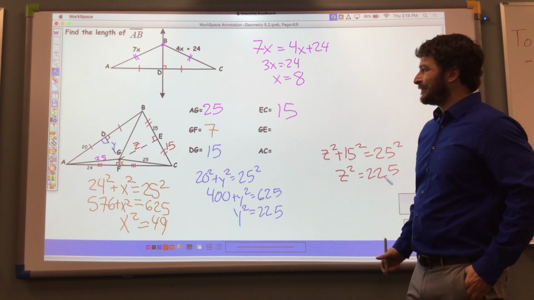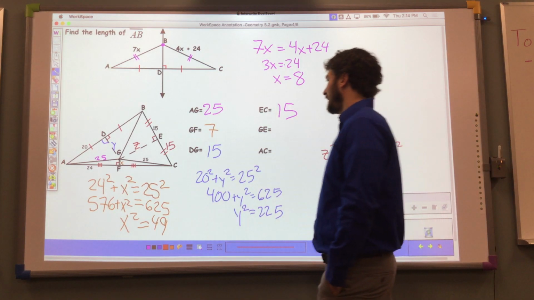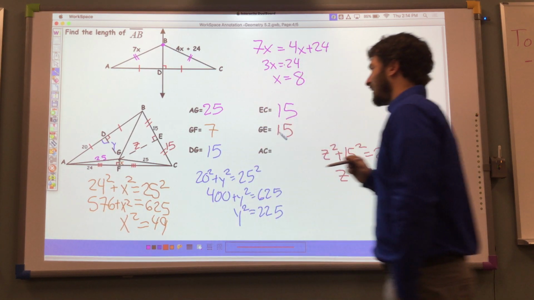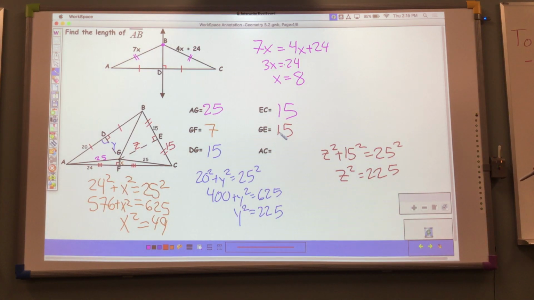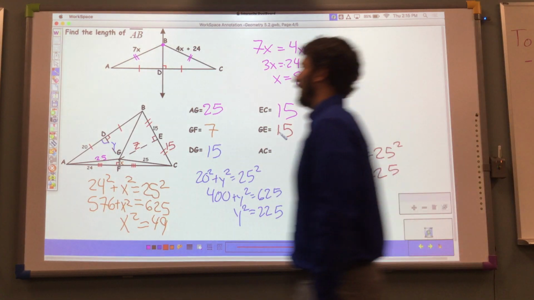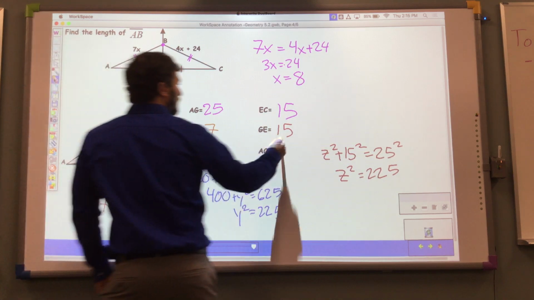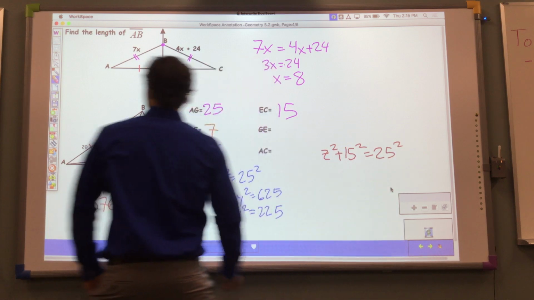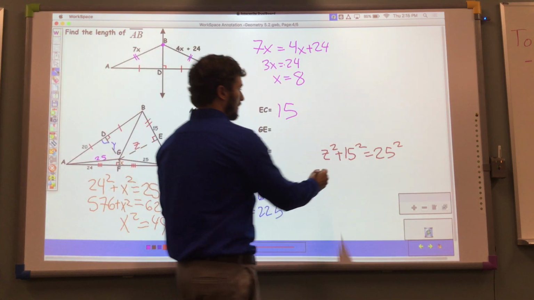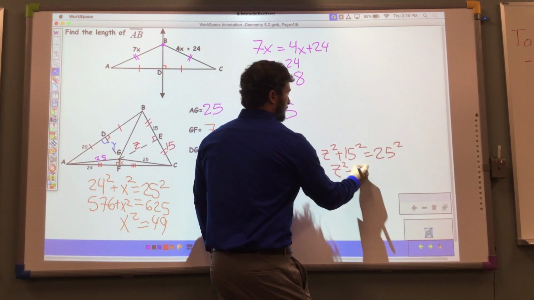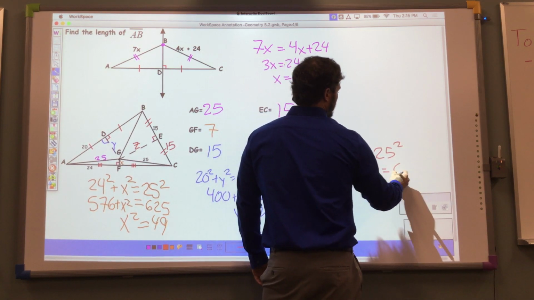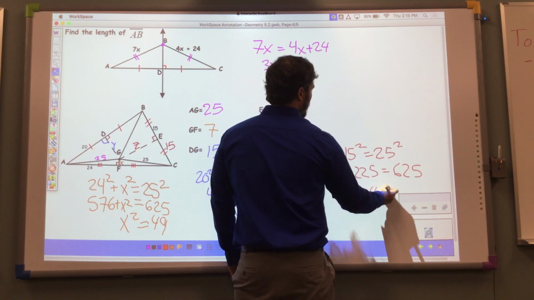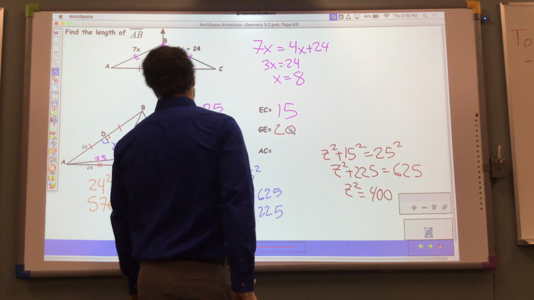So that one is going to be 15. Unless I made a mistake, which I feel like I did. Yes, I did. I lied. So what happens when I try to do too much math in my head. So we'll write it out this time. 225, that's 625. So Z squared is 400. Then the square root of that is 20.